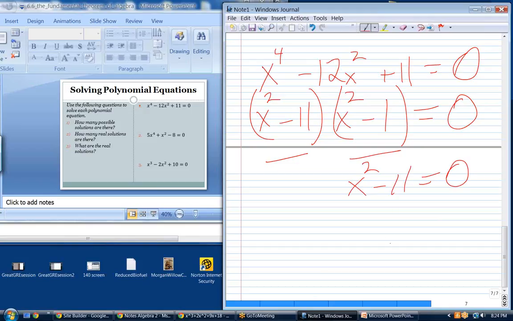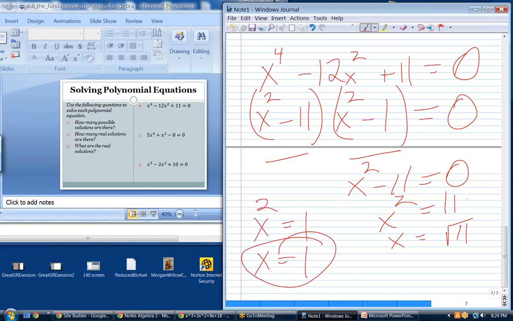x squared equals 11. Root 11. What's the other one? x squared equals 1. x equals 1.